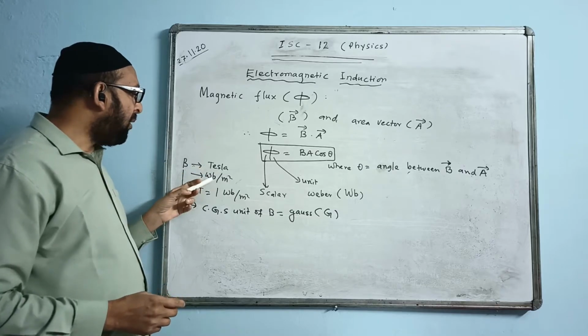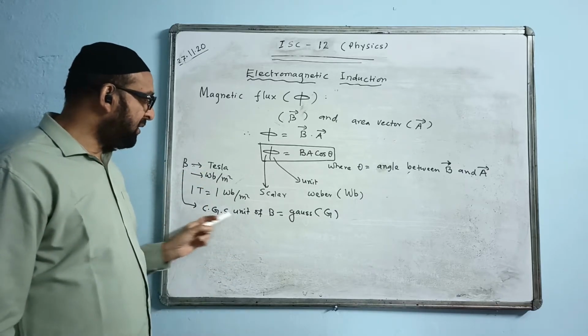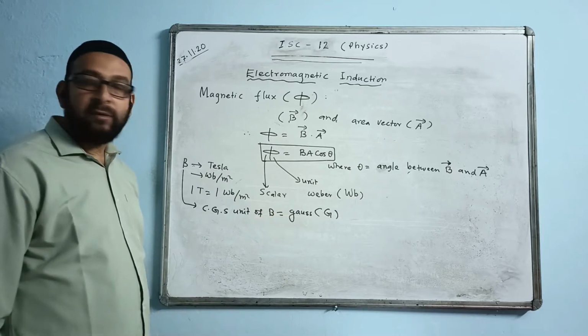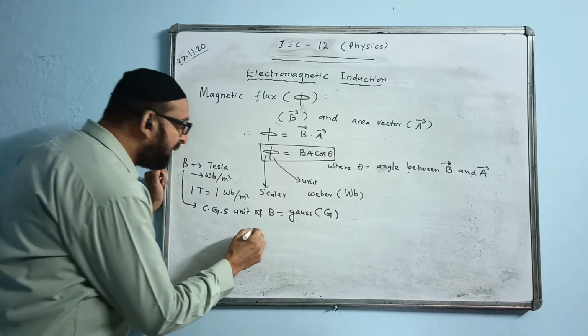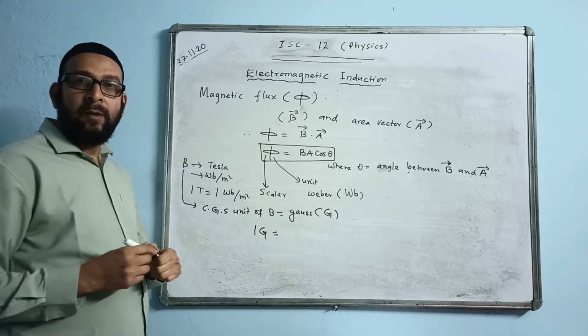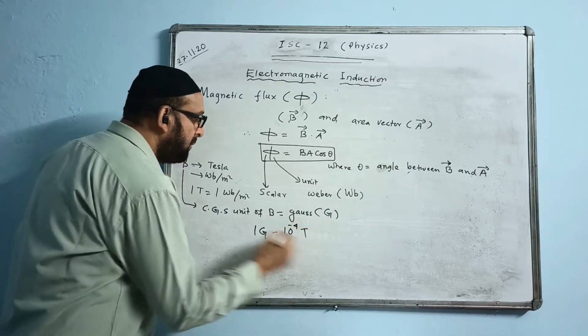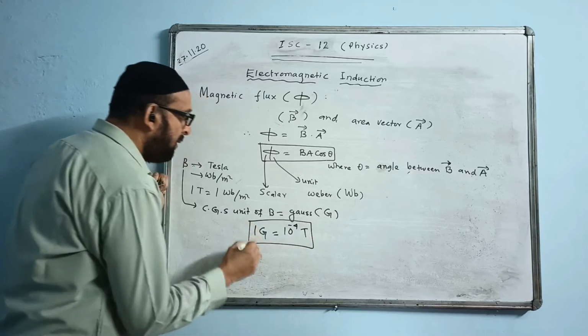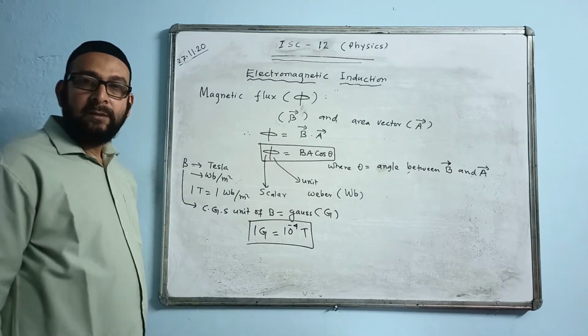SI unit is Tesla or Weber per meter square, but the CGS unit of B is Gauss. We have a relation: 1 Gauss is equal to 10 to the power of minus 4 Tesla. Please remember.